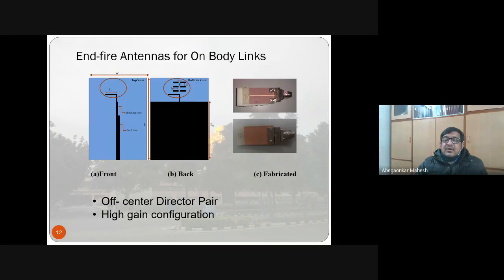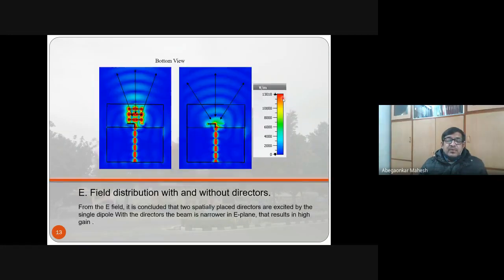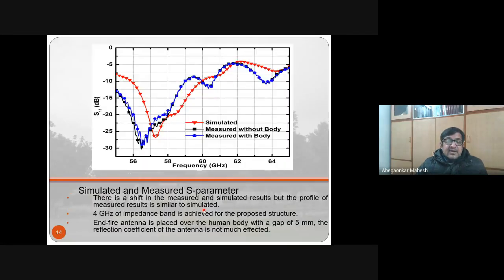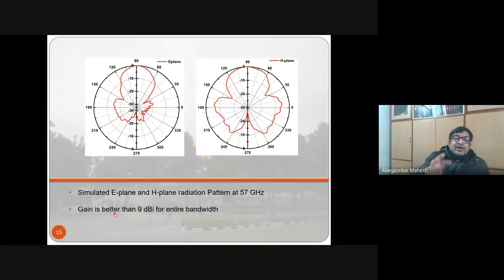These are the radiation patterns. Gain in both cases is better than 9 dBi for the entire band. We are seeing that the bandwidth is about 4 gigahertz, so the patterns were plotted at different frequencies in that band where the impedance matching was good, and we see that the gain is better than 9 dBi. This is for the E plane pattern.